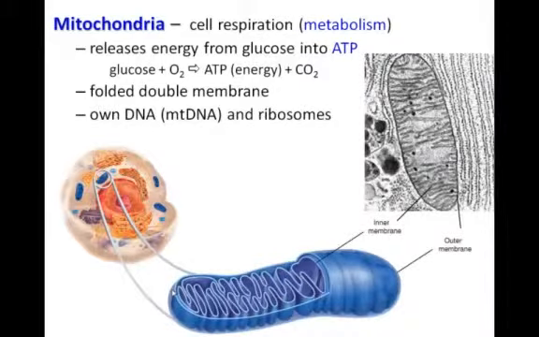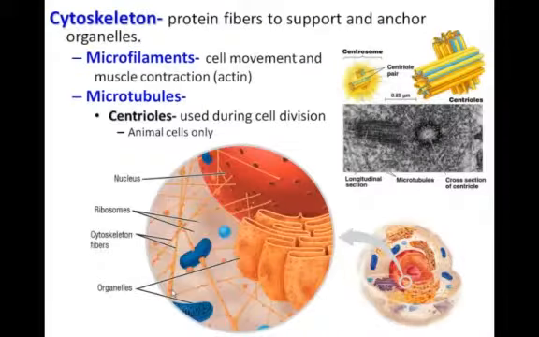Some of the interesting features about the mitochondria is that it has a double membrane, where the internal membrane is folded up. And this is where the cell respiration actually takes place. Also within that area, we find that the mitochondria has its own DNA, called mitochondrial DNA, and it has its own dedicated set of ribosomes. So the mitochondria is almost like a cell within a cell.